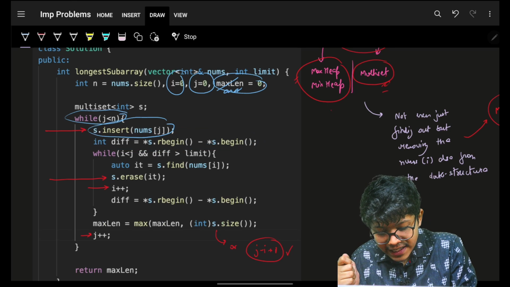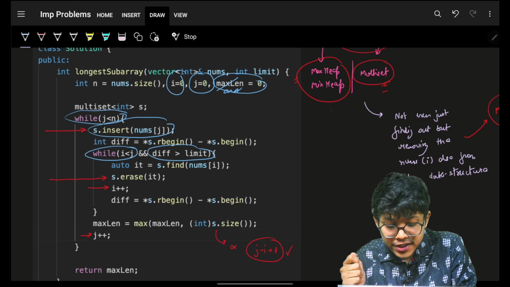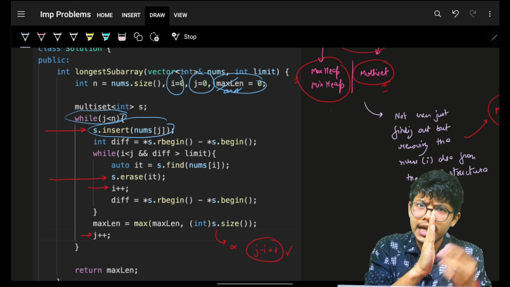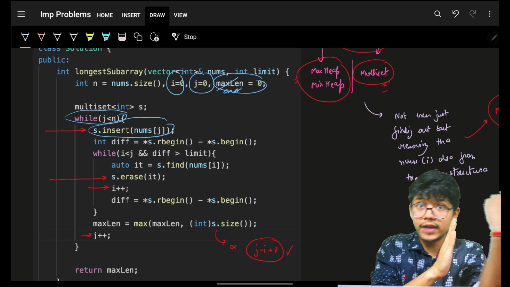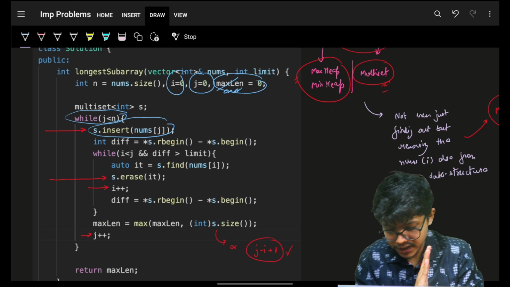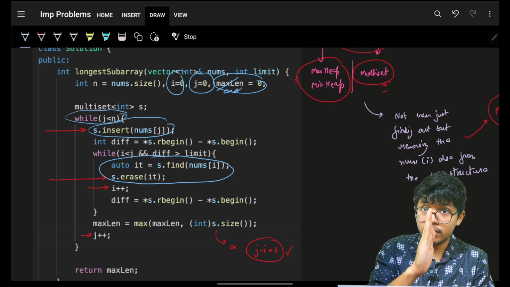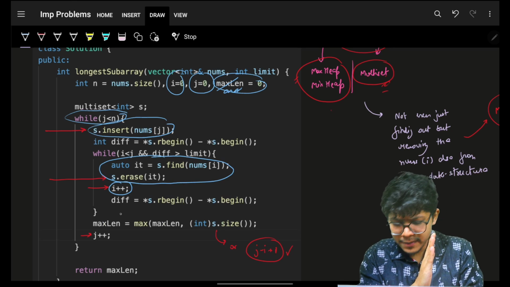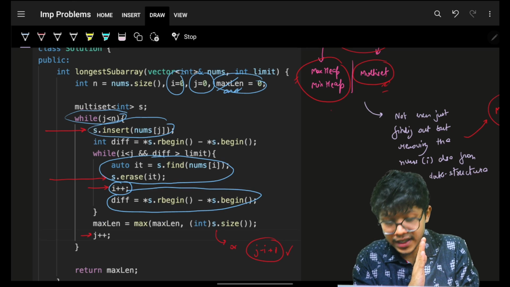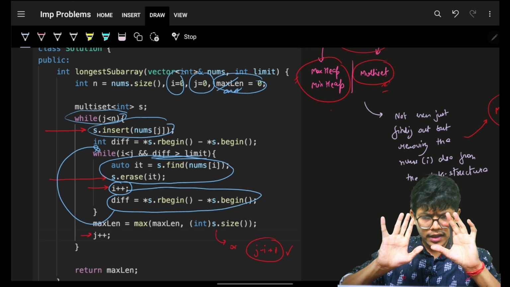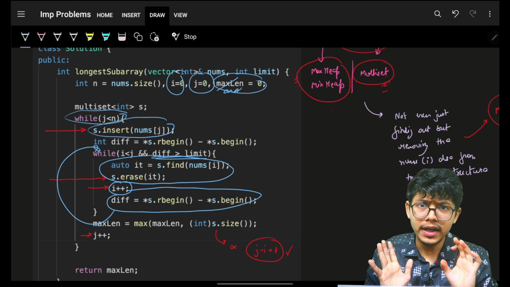Then while my i is less than j and the diff is more than the limit, I should shrink my i. How will I shrink my i? I'll grab my nums of i, remove that from my multiset, increase my i, and find the diff again, and we'll keep on repeating it until my diff becomes less than or equal to my limit.